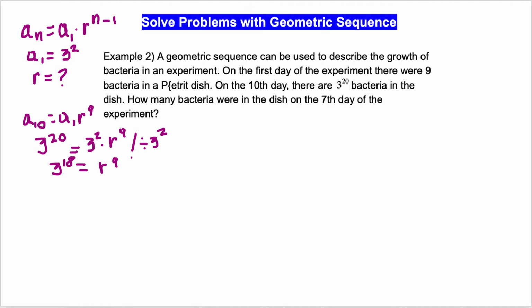And now we are using the properties of the logs, the properties of equality of the logs, on both sides. We have the log of 3^18 is equal to the log of R^9.